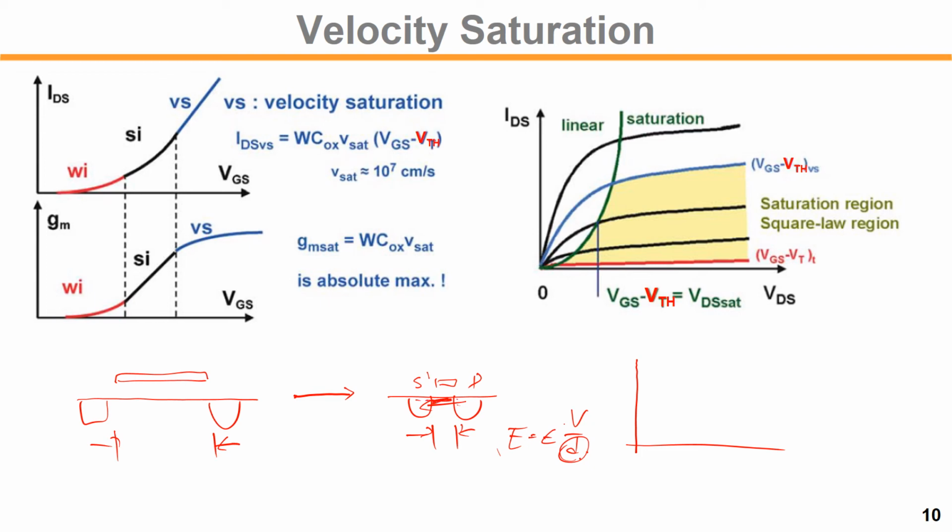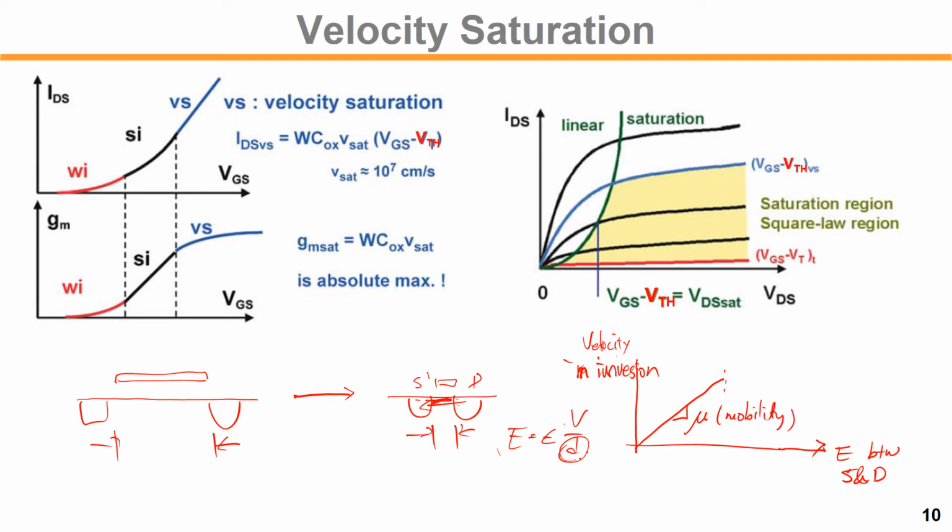The velocity is supposed to be linear as we increase the electric field between the source and drain, and the slope is mu, the mobility.